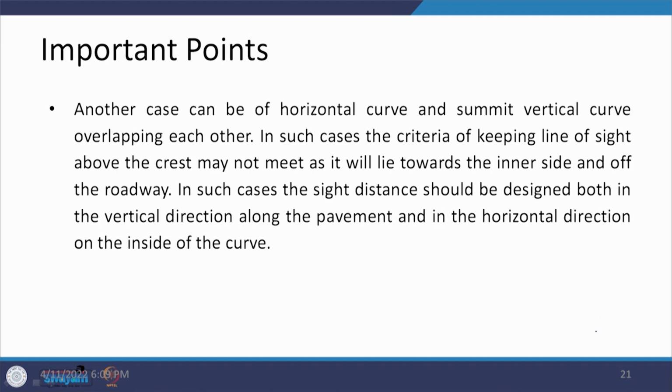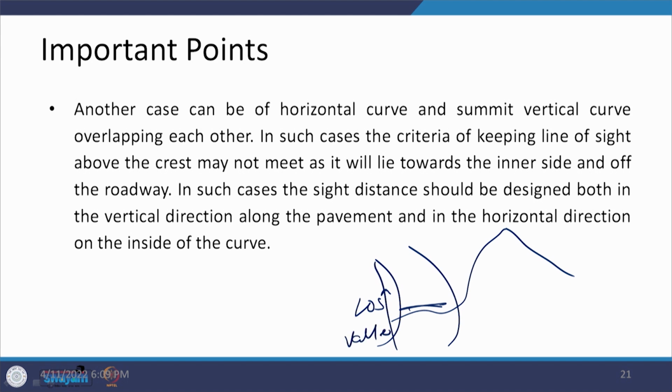There may be a case where the horizontal curve and the vertical curve are together. In such cases, how do things have to be done? When we look at these things, there may be a possibility that your road is like this, and when the curve is going in this direction, if you talk about the line of sight, then this line of sight is going away on the valley side. That can be one problem.